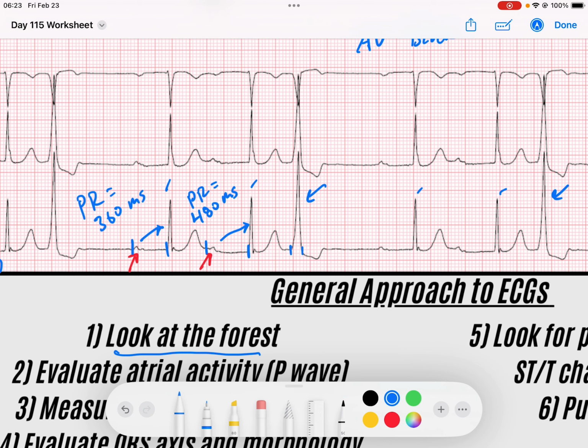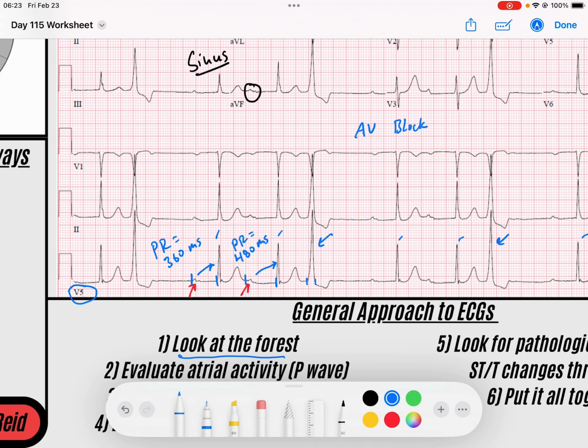Well, what type of AV block exists when the PR interval lengthens and lengthens with every single beat? That's usually what we see in a second degree type 1 AV block, where the PR interval is increasing every single time. So now we're trying to figure out, is this a second degree type 1 AV block?